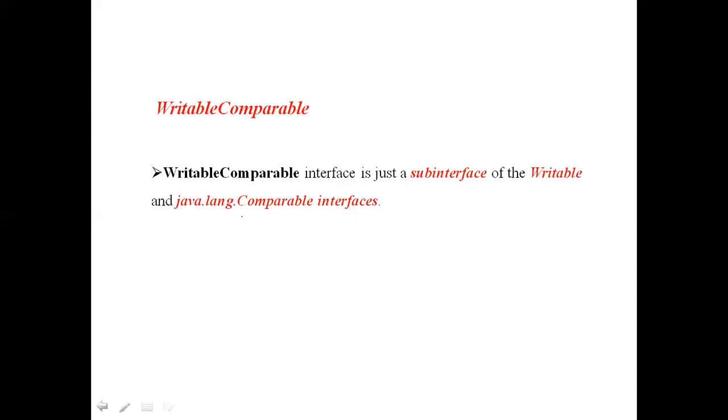When we come to writable comparable, it is the same as the writable interface along with its methods. The writable comparable interface is a sub-interface of the writable interface and the Java comparable interface. It gets properties of the Hadoop writable interface and the Java comparable interface.